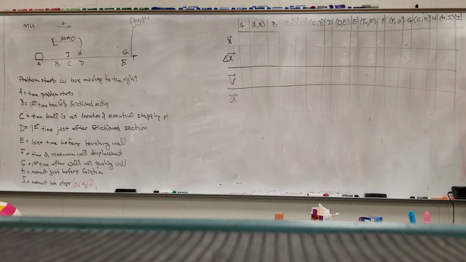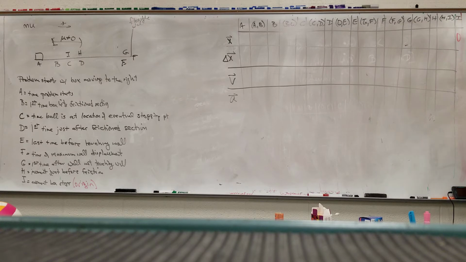So let's start out with position. Where is position equal to 0? A. Not A. What is position dependent on? The origin. Yes, and where's that? I. All right, so position is 0 at I.